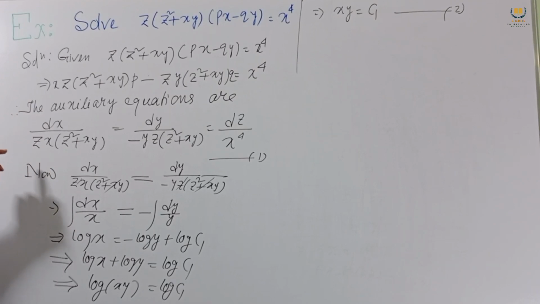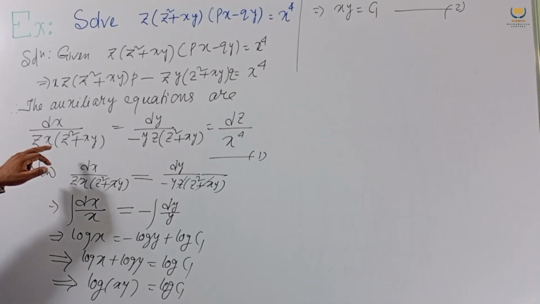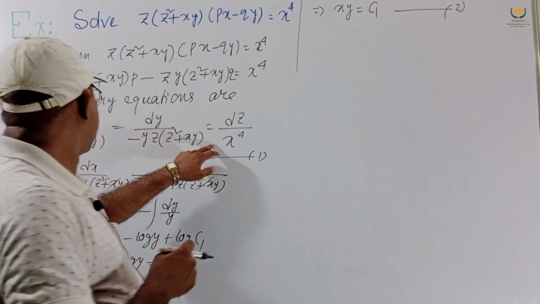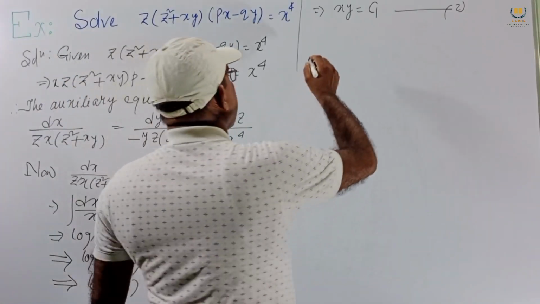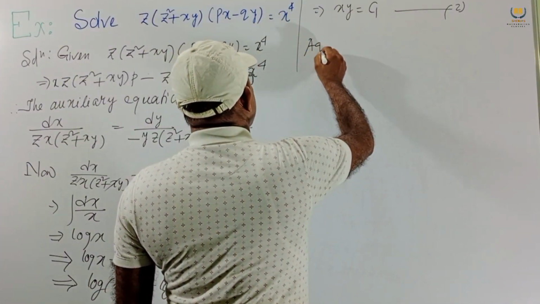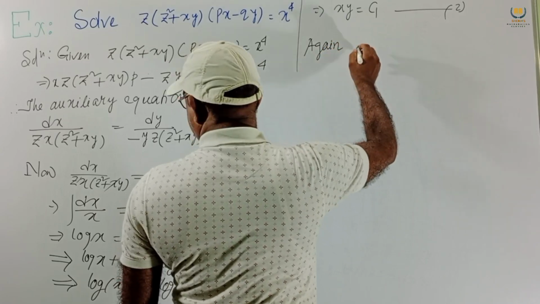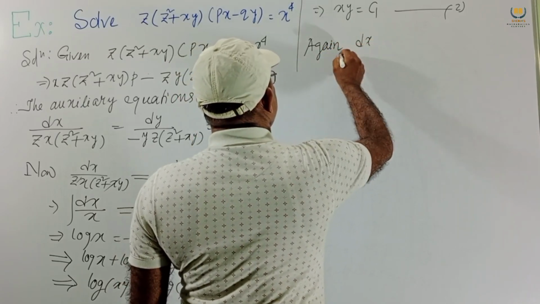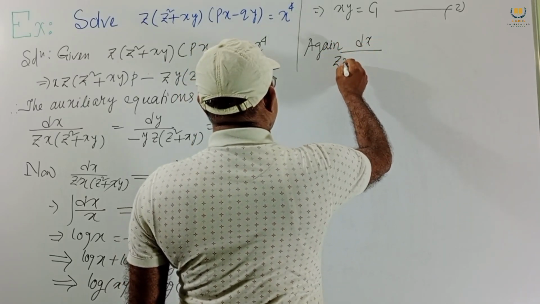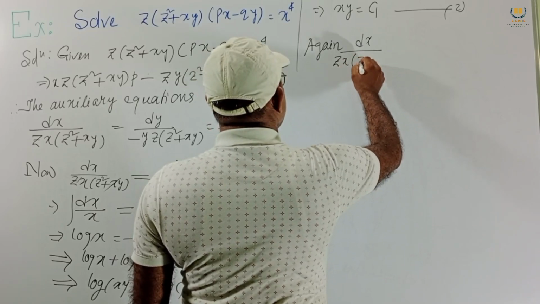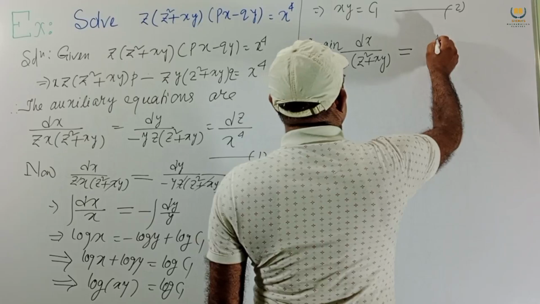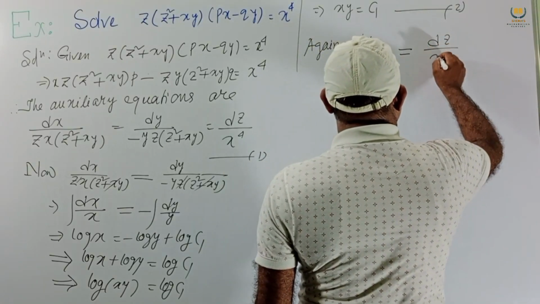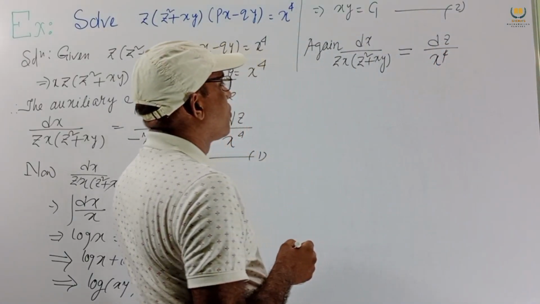We get this. Now again, taking dx and last, because here we get x, here also we get x. Again we consider first and last members, dx by zx into z square plus xy equal to dz by x to the power 4.